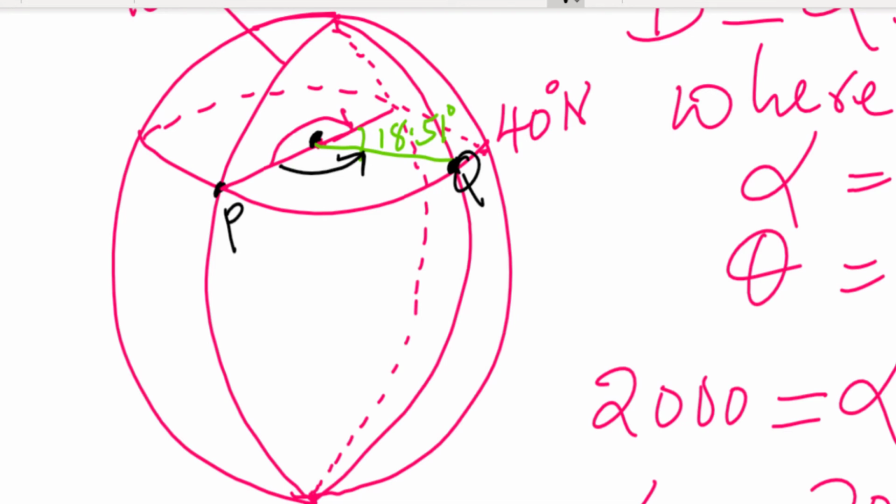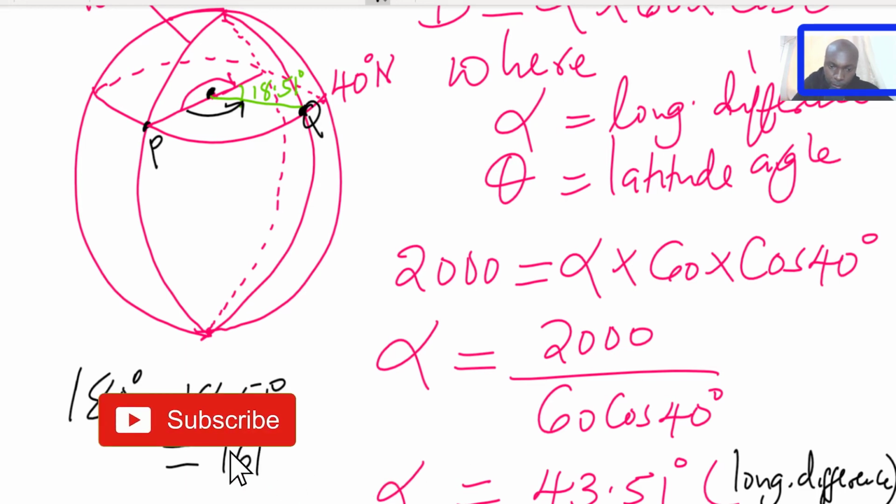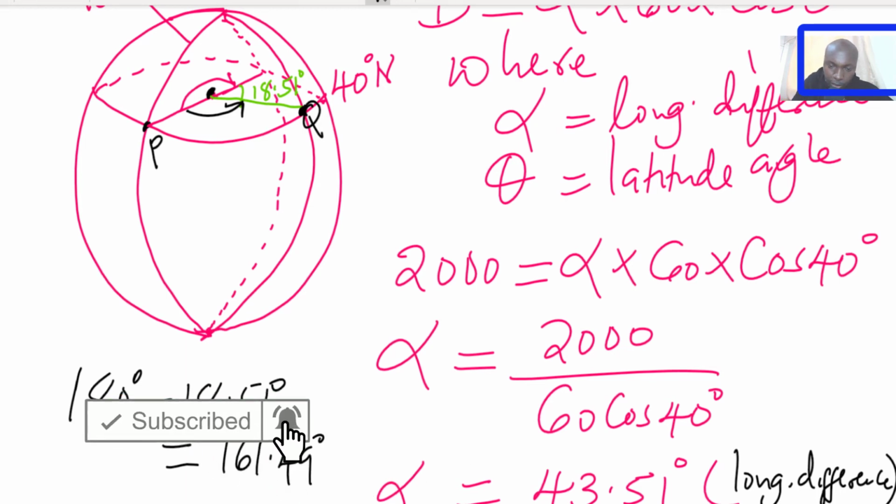Then the angle that we require to measure is the longitude, which will be 180 degrees subtract this acute angle, 18.51 degrees. So 180 minus 18.51 gives 161.49 degrees.